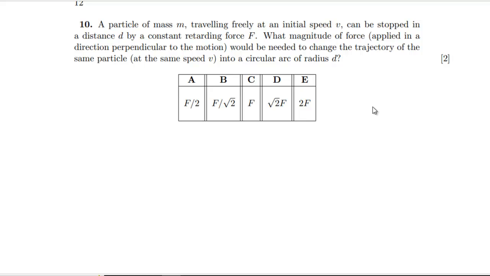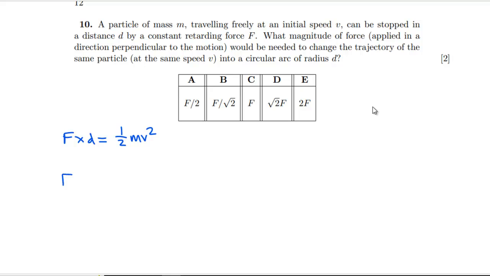Right, so we're stopping, well, we've got a force times the distance is the work done. That's the energy transferred, which is a half mv squared if it's been brought to a halt. So that is our F. What magnitude of force would be needed to change the trajectory of the same particle into a circular arc of radius d?